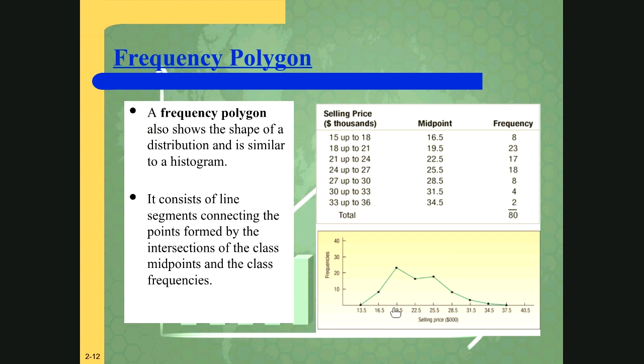You can see where the frequency is higher, where it is lower. But visually, and this is how our brain processes this information, the other one is a lot easier to understand. So what I'm going to do is show you the video on the frequency polygon.